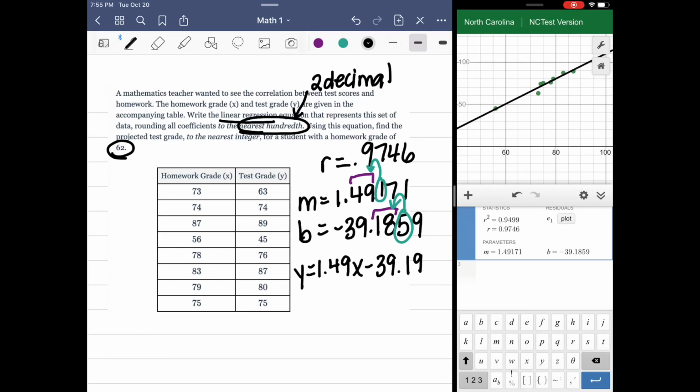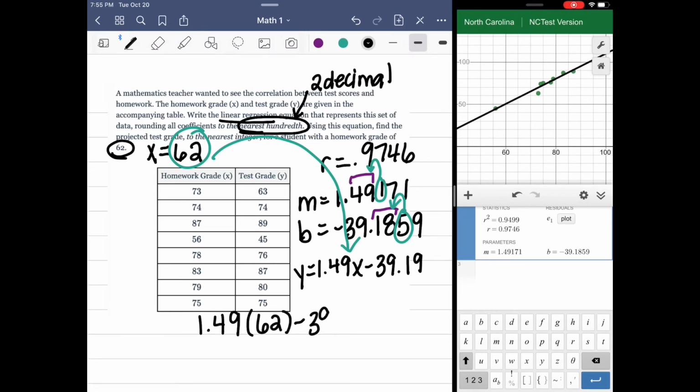Now they want us to find the projected test grade to the nearest integer, or nearest whole number, if my homework grade is 62. So homework is x. We're going to take 62 and plug it into the x spot.